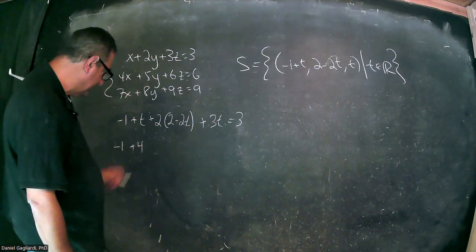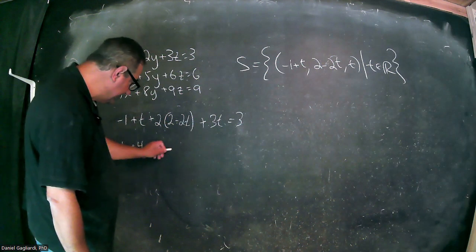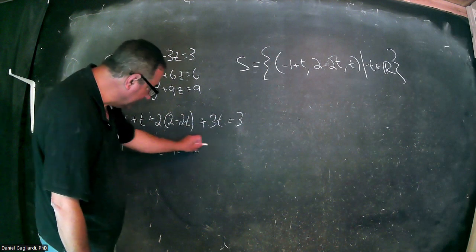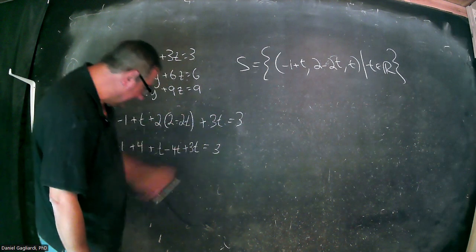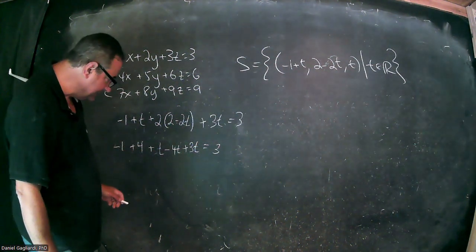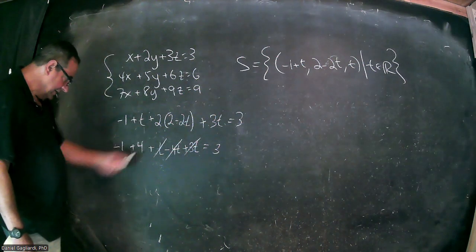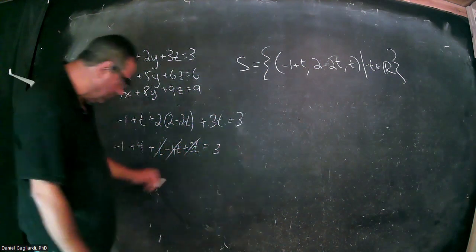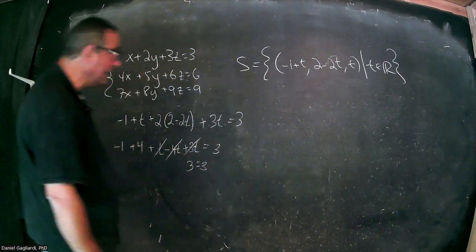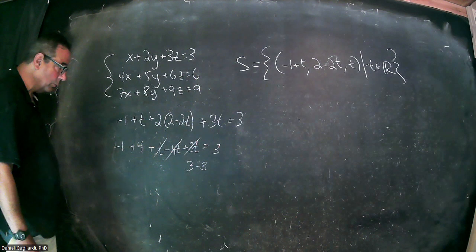That's looking good. As far as t values, we have t minus 4t plus 3t. Okay? So you can see that the t's are going to cancel because t minus 4t is -3t plus 3t is 0 t's. And -1 plus 4, of course, on the left-hand side is 3. So we see that our solution checks with equation 1.